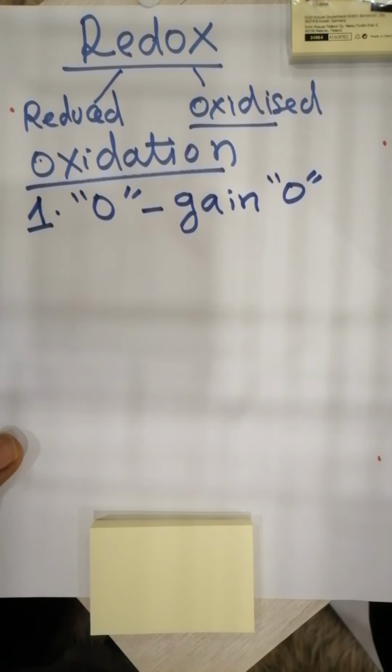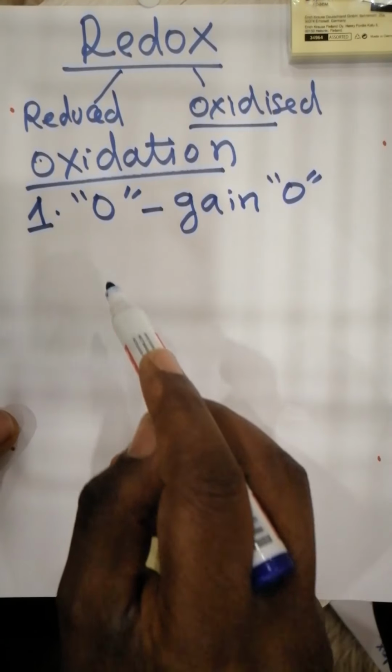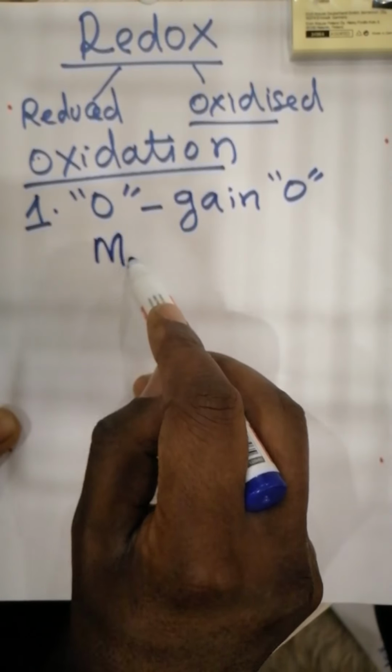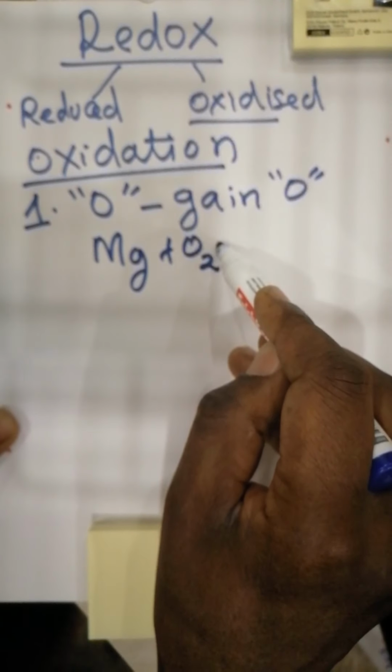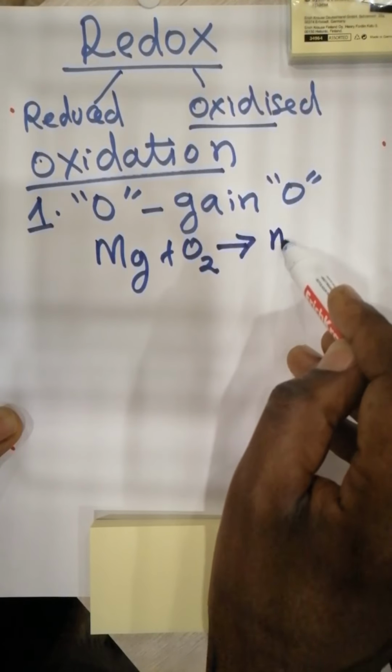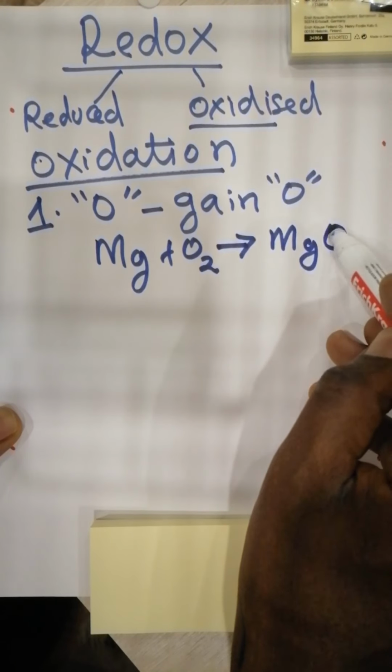I want to write oxygen atom because a substance can gain one oxygen atom, two oxygen atoms, three oxygen atoms, and so on. A simple example could be when you burn magnesium in oxygen and it burns with a beautiful white flame to form magnesium oxide.